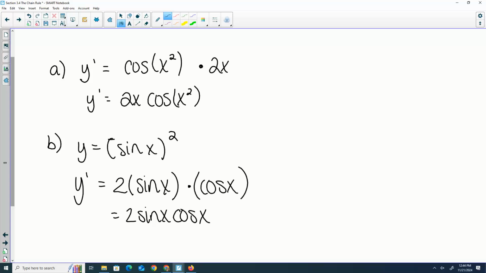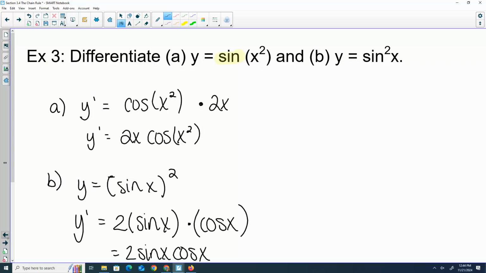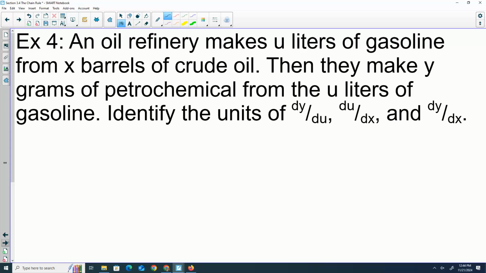Is that okay? So I'm just gonna kind of skip over this because we are really doing that already. We don't need to mention it as a separate thing. I just want to talk about this one for a minute. We know a derivative represents a rate of change.